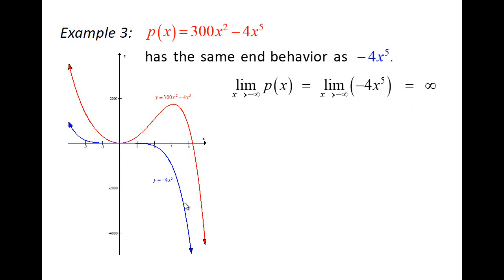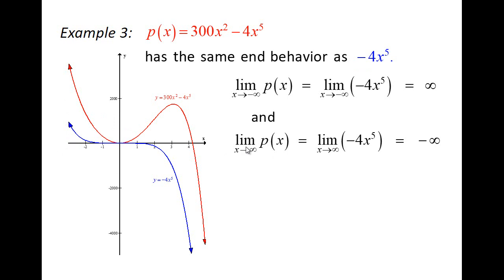The blue one is the graph of the leading term, and the red one is the graph of the polynomial p. You can see that as x goes to infinity, the behavior of the polynomial and the behavior of the leading term would be the same. And similarly, the behavior of the polynomial and the leading term as x goes to negative infinity would be the same.